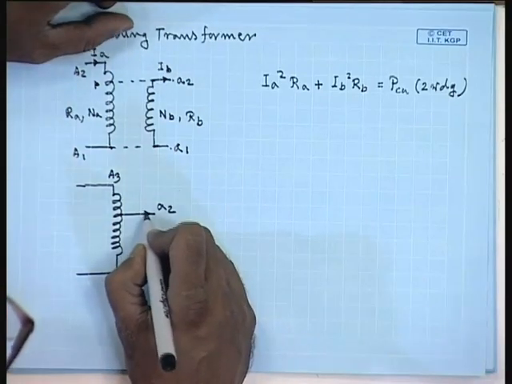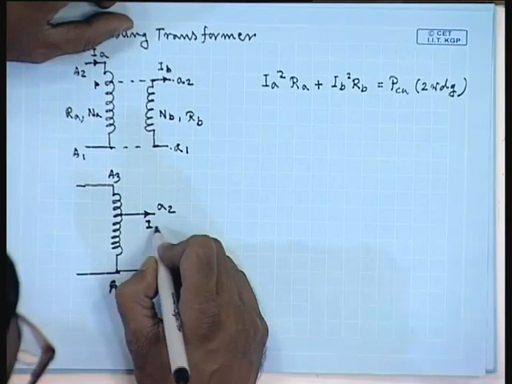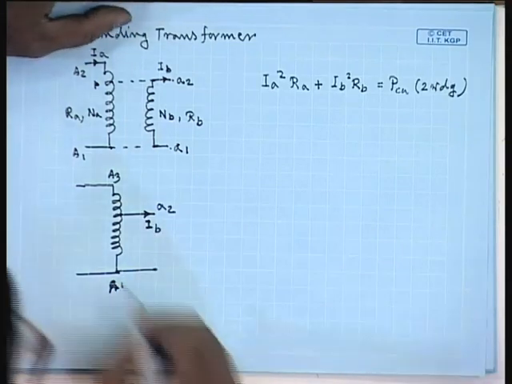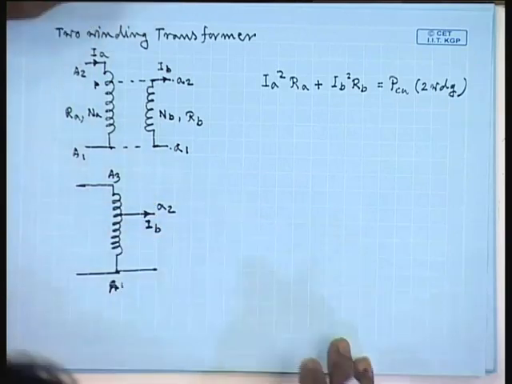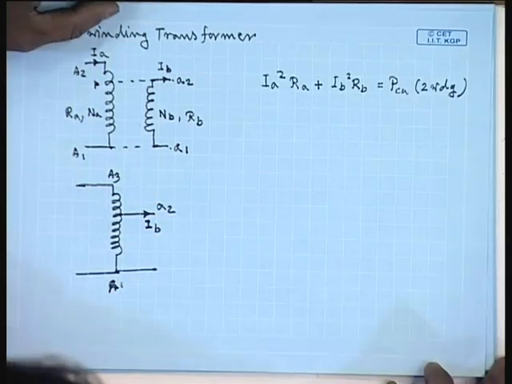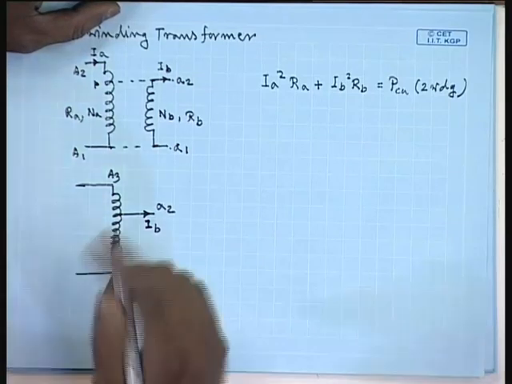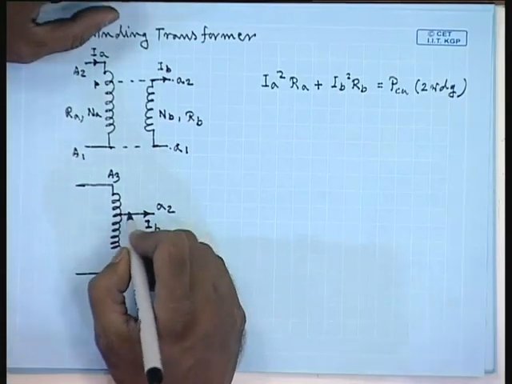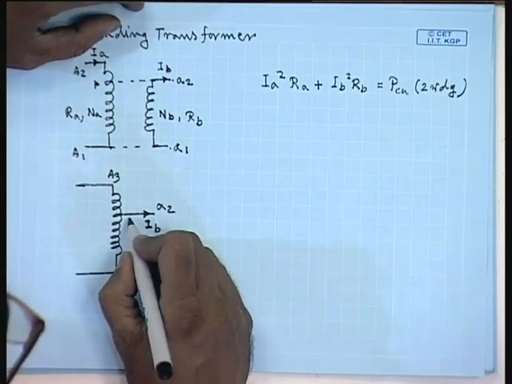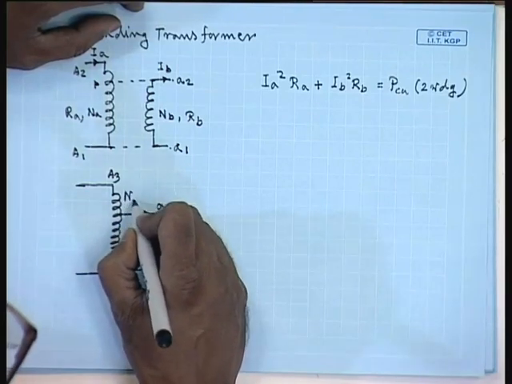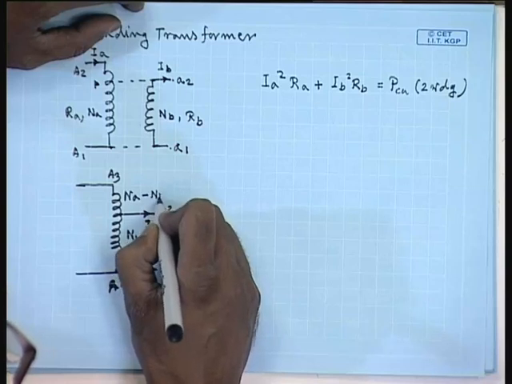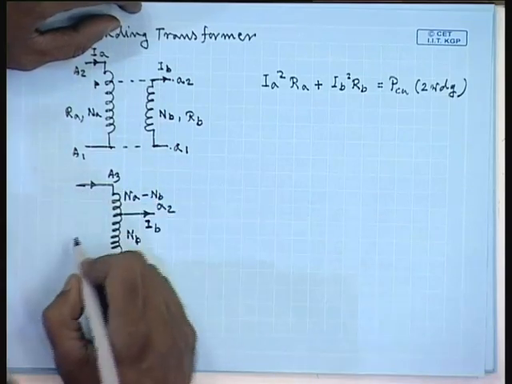Say the current is again IB here, now there are NB number of turns and this number of turns is NA minus NB. Let this current be IA.